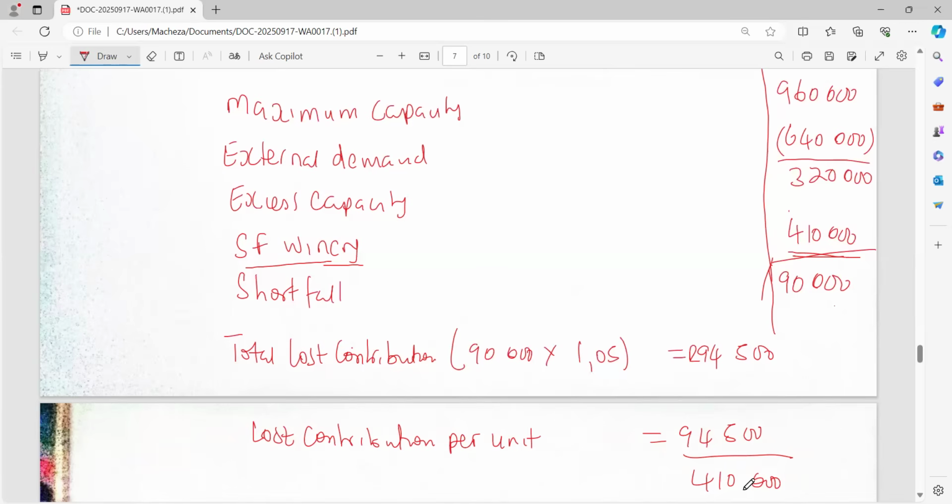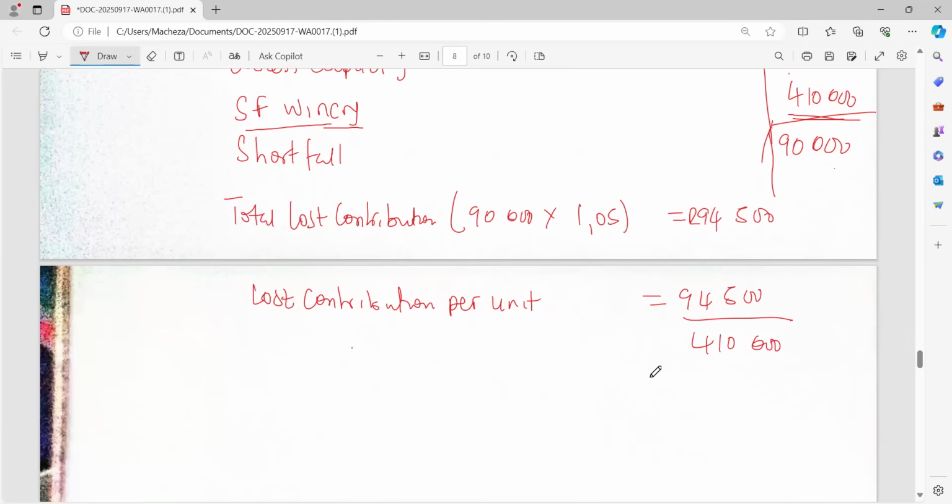It's going to be 94,500 divided by 410,000. Is it 23 cents? So this is going to be your lost contribution, 0.23.